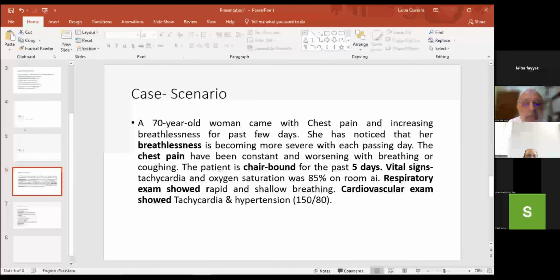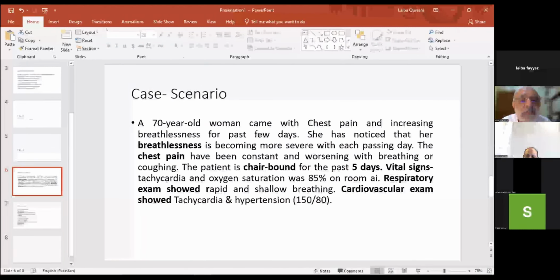For example, you can ask them to discuss the oxygen saturation. Similarly, the breathlessness or chest pain. So you can put it in that format, that bits of information are given over time, and the questions are formulated according to that.